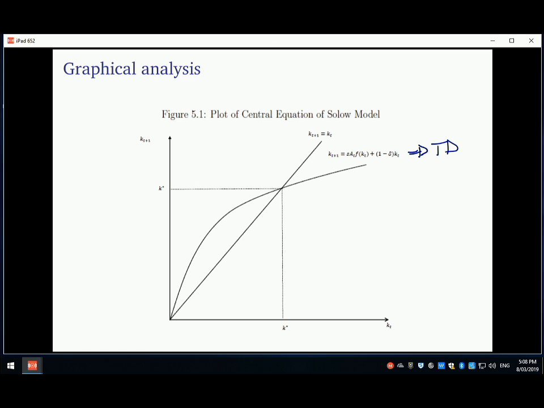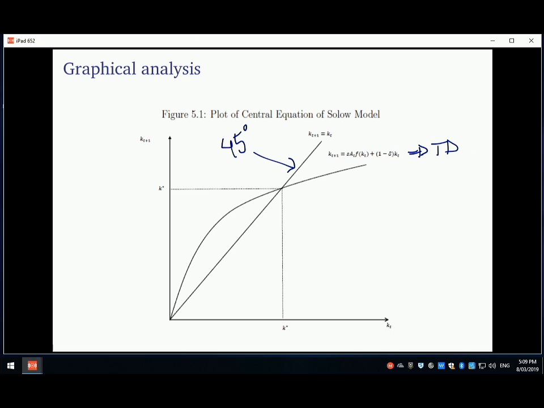The y-axis is capital per capita tomorrow, t plus 1. And this curve over here, that one is just the 45-degree line. The 45-degree line is just little kt plus 1 equal to little kt. Okay. How do we know that these curves intersect?